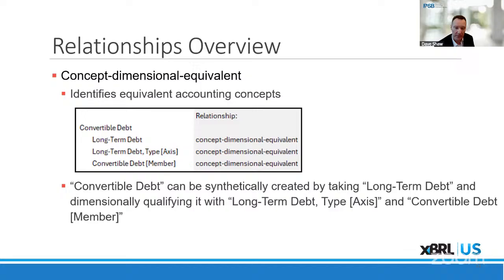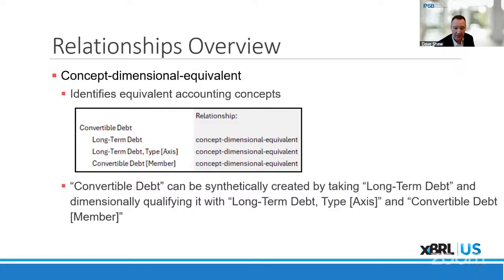So you can synthetically create the same concept by using long-term debt and dimensionally qualifying it with that axis and that member. This has a couple of benefits. The first benefit is ensuring that if within a filing both methods or both sets of elements are employed to tag facts, then for where that time intersection is for the same period, those values should be the same.